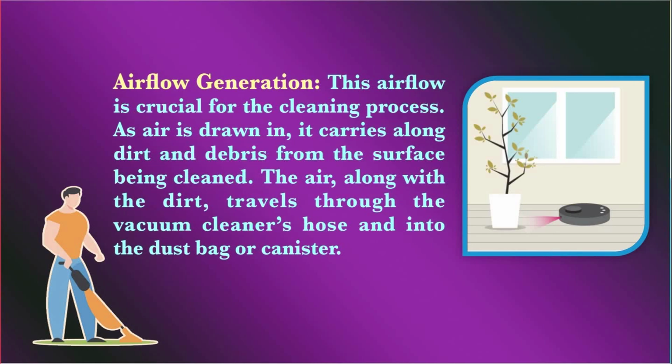This airflow is very crucial for the cleaning process, as already mentioned. As air is drawn in, it carries along dirt and debris from the surface being cleaned. The air along with the dirt travels through the vacuum cleaner's hose and into the dust bag or canister.